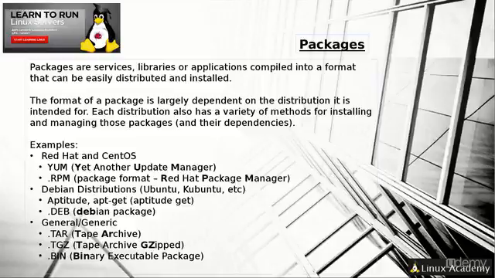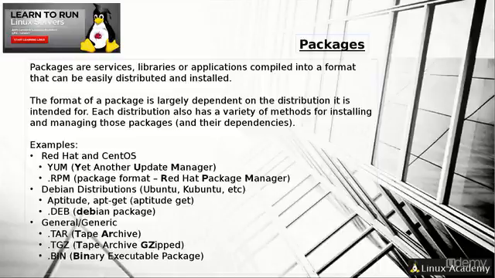yet another update manager. Debian distributions, of which Ubuntu, Kubuntu, and its various variants are based, use Aptitude or apt-get, and apt-get is simply aptitude-get, and they use Debian packages. And then there's the generic or general package distribution methods for all Linux distributions.